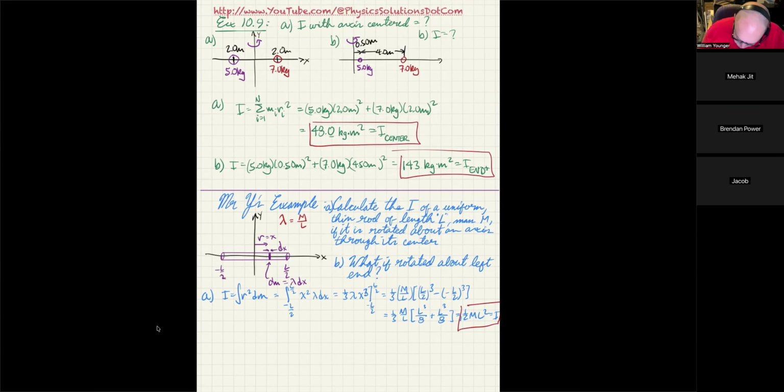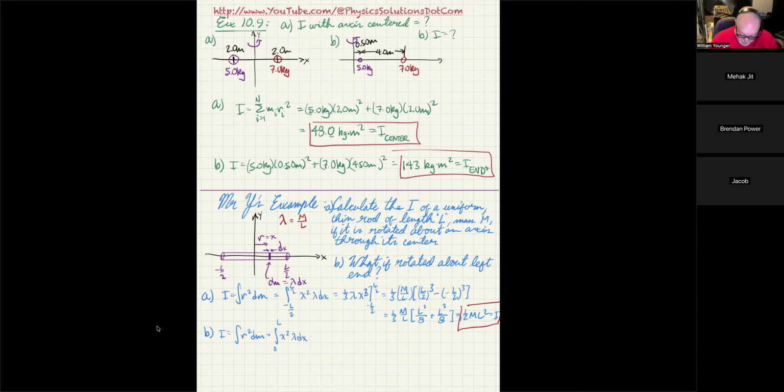So now I'm going to do the same thing for part B because we've got 10 minutes left. So for part B, I is equal to the integral r squared dm, which in this case is going to be the integral from 0 to L of x squared lambda dx.